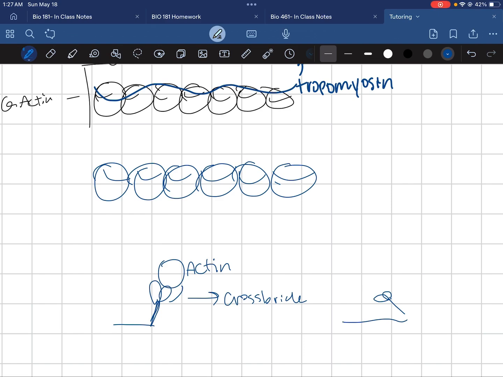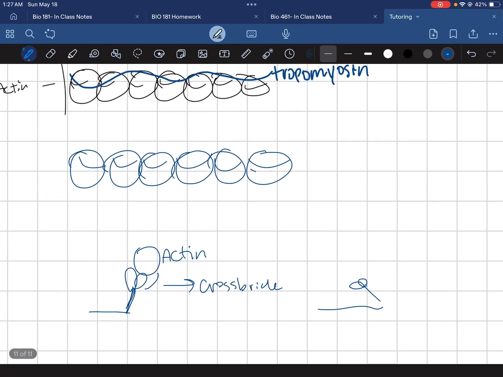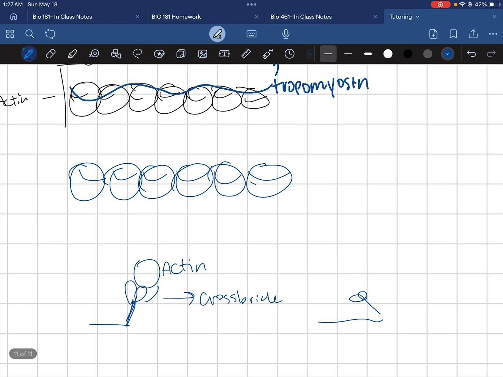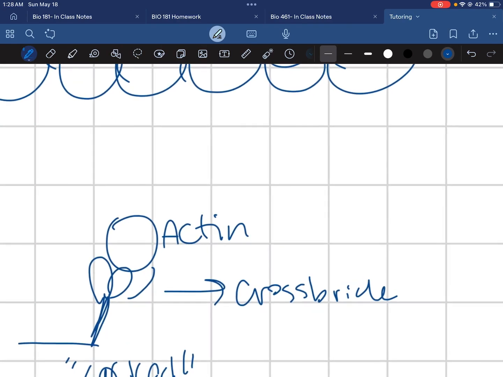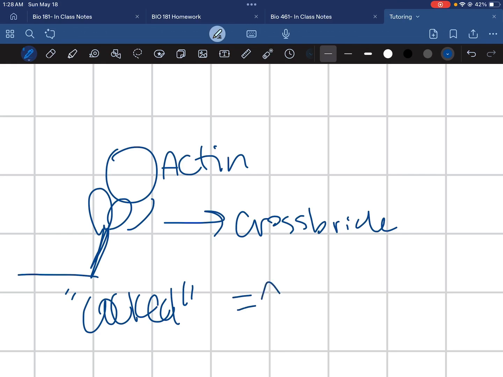Okay, so this right here, this is our cocked position because it's upright, which means that it has high energy. Cocked is equal to high energy.